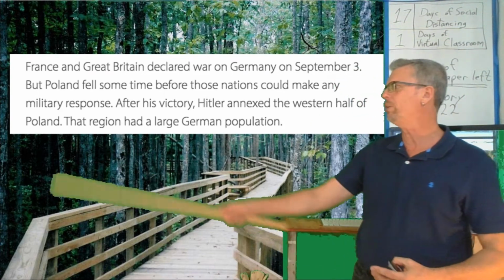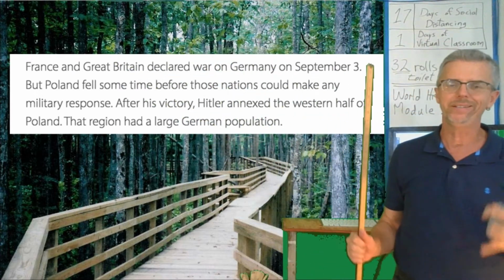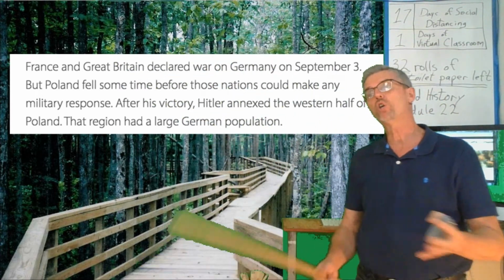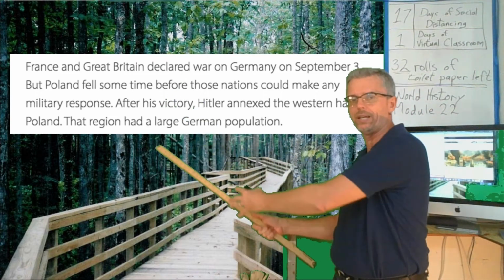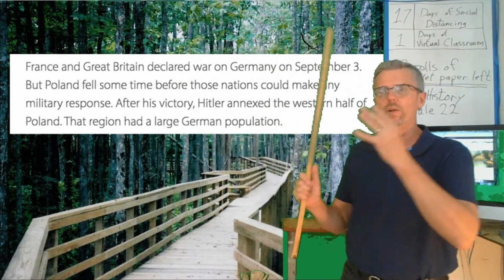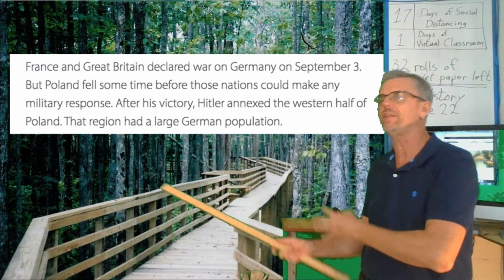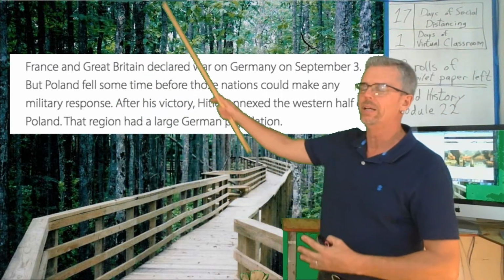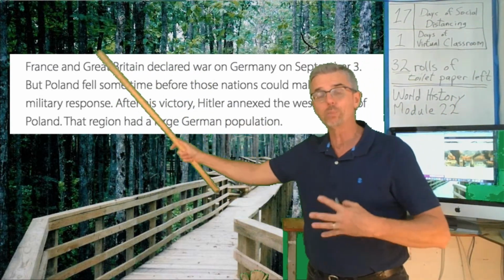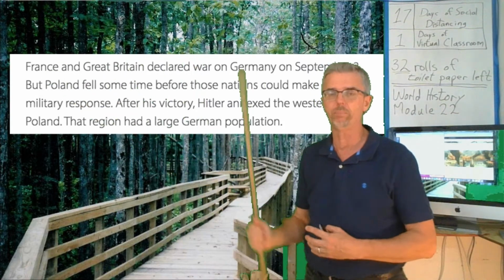The Germans only wanted, well, they lied. They lied a lot. The Germans wanted the Russians to think that they were only interested in the culturally German side of Poland, which was the western half of Poland.